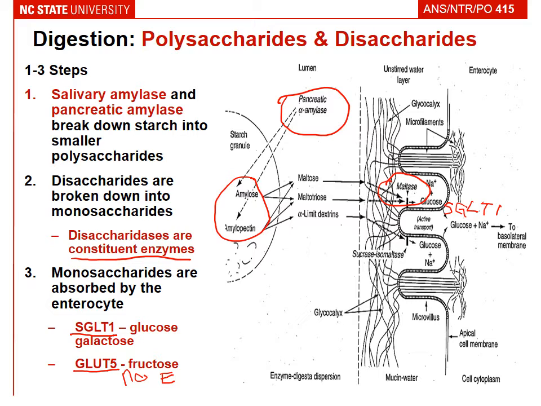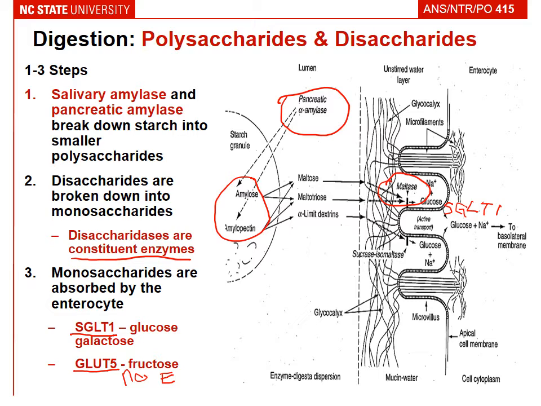It has a higher affinity for glucose, so it prefers glucose, but galactose and glucose are pretty similar, and so they are able to share the transporter.